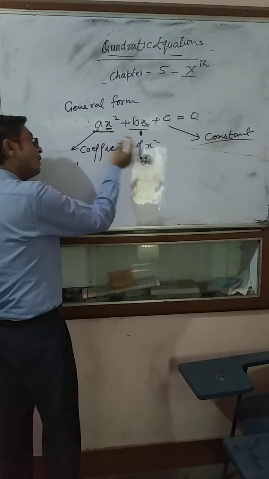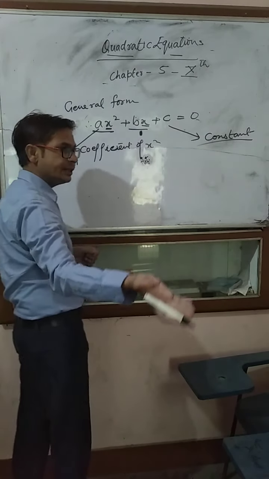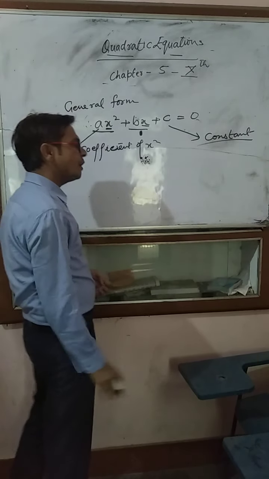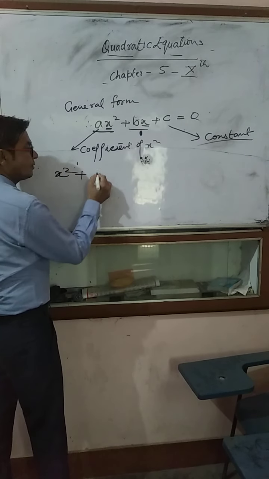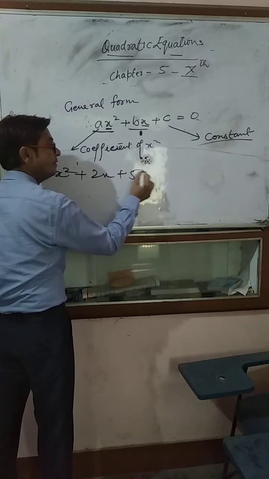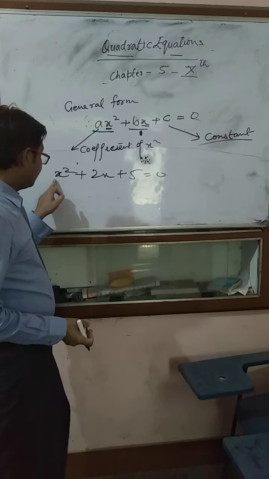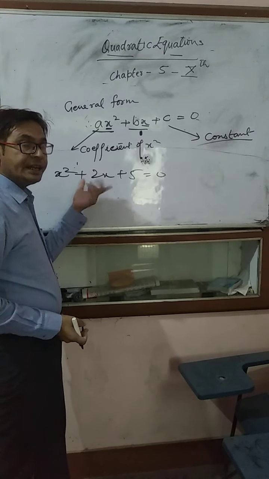Now, if any equation is in this form, then we can say that it is a quadratic equation. Now let us consider one example: x square plus 2x plus 5 is equal to 0. Now, how do you know whether this equation is quadratic or not?